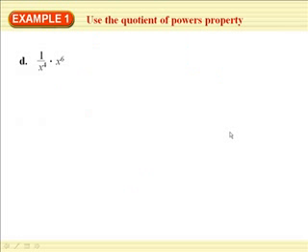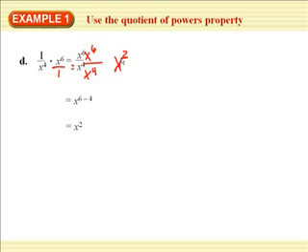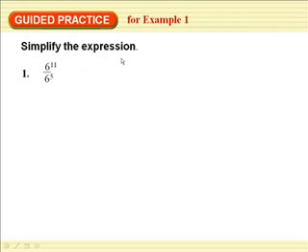This one, this is like over 1. We can take this as fractions, so it's going to be x to the 6th on the top and x to the 4th on the bottom. You subtract: x to the 2nd. So this is going to be 6 to the 6th, because 11 minus 5 is 6.